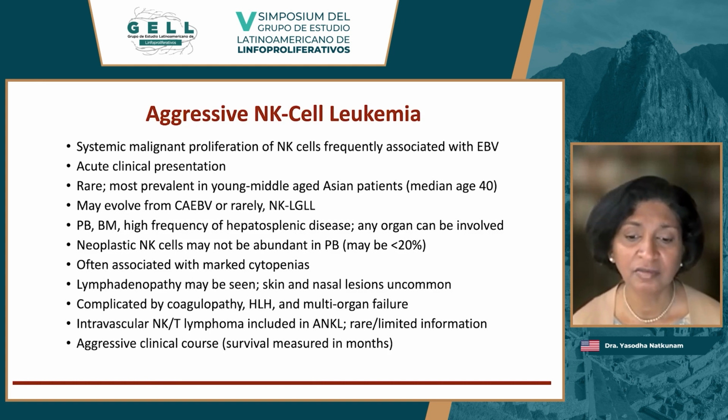Intravascular NK T-cell lymphomas, including this aggressive NK leukemia type situation, have also been described, but these are very rare cases, and molecular, genetic, and pathogenetic information is lacking for better classification of those rare cases. The survival in these patients is measured in months, so it's a highly aggressive and disseminated leukemic disease.